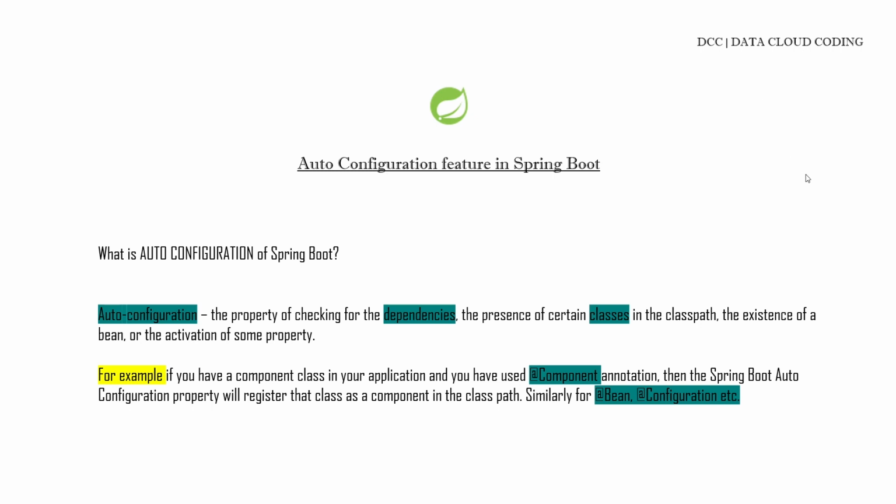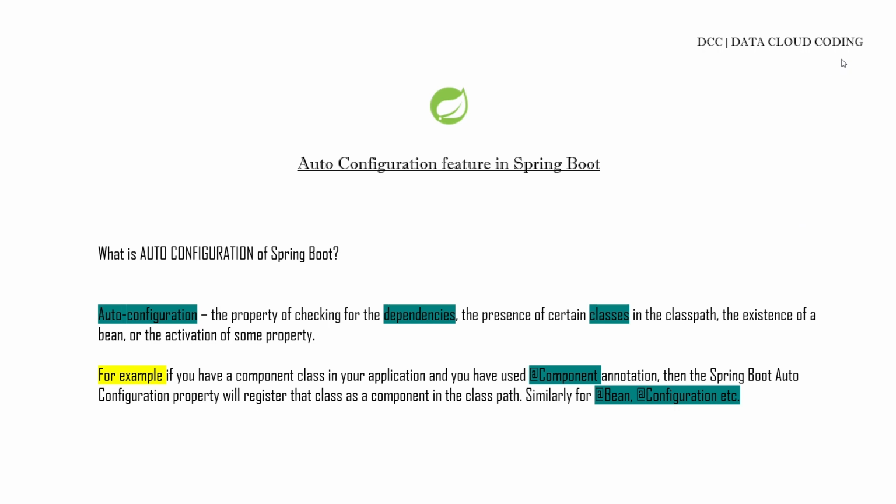So let's see what we have learned till now. What is auto configuration in Spring Boot? Auto configuration can be defined as the property of checking for the dependencies, or the presence of certain classes in the classpath, the existence of a bean, or activation of any property. Let's break down this definition. Suppose I have a class annotated with @Component, then the Spring Boot auto configuration will register that class as a component.